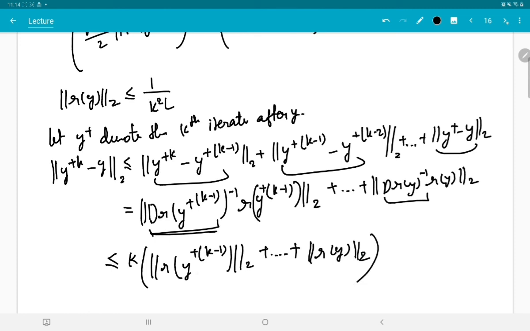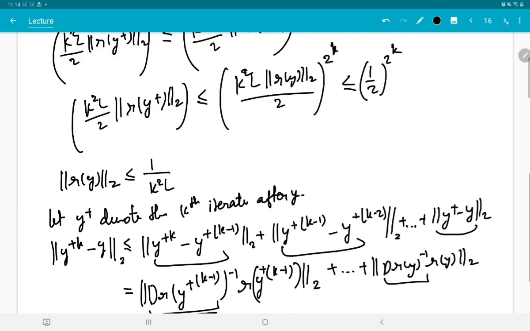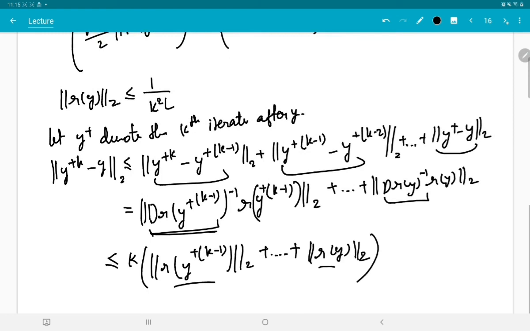And now for these terms ry up to ryk minus 1, we have seen that any step, any ry is bounded by half; the residue is bounded by half. So we can apply that here.